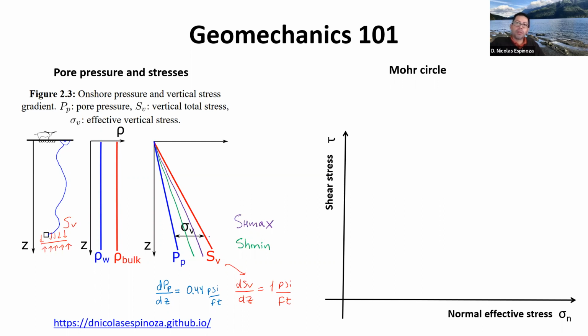And this also depends on where you are. Sometimes these horizontal stresses can be higher than the vertical stress. And that depends if you are close to a tectonically active region.